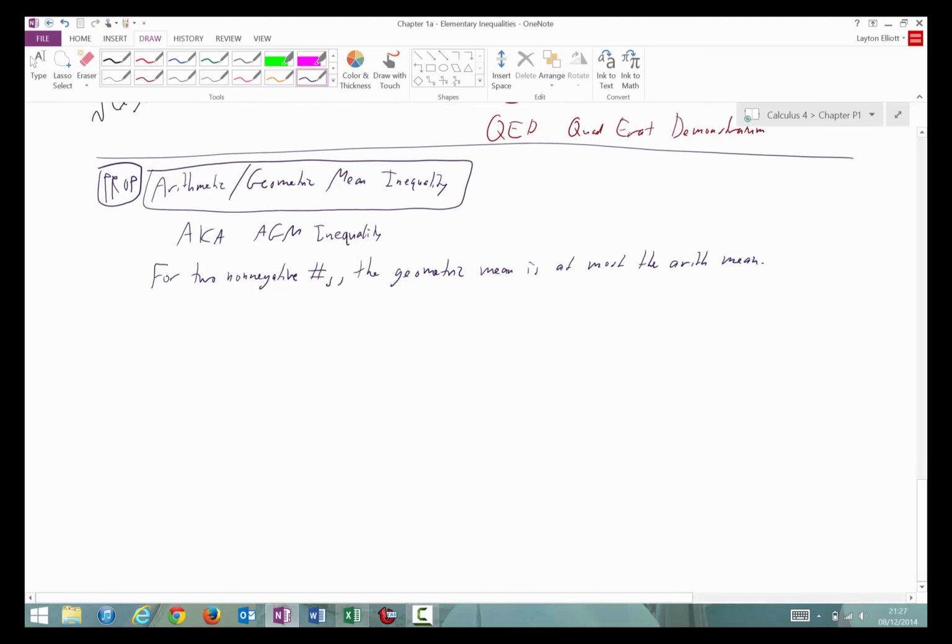So in algebra terms, two non-negative numbers, and we'll call those a and b. The geometric mean, which is the square root of ab, is at most, which means less than or equal to, the arithmetic mean, a plus b over 2.